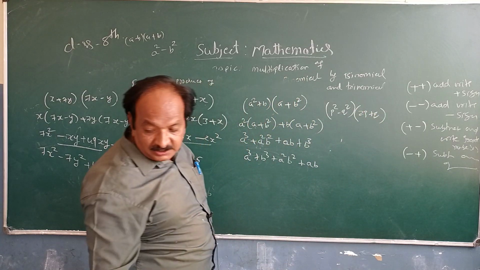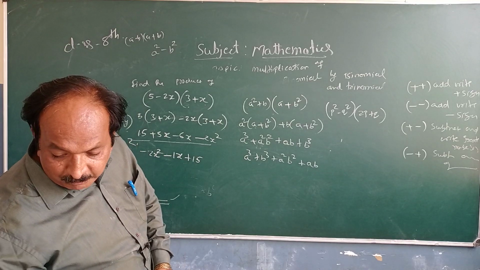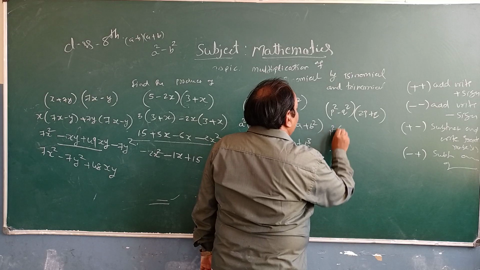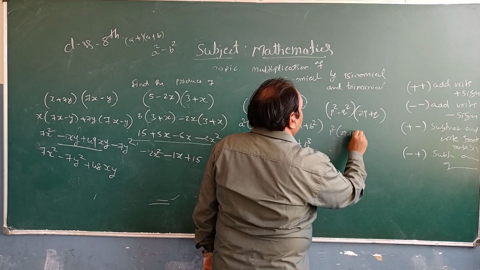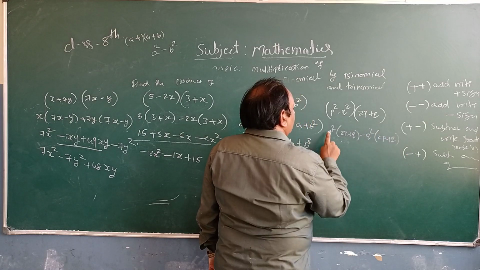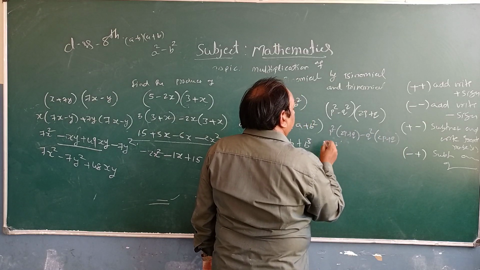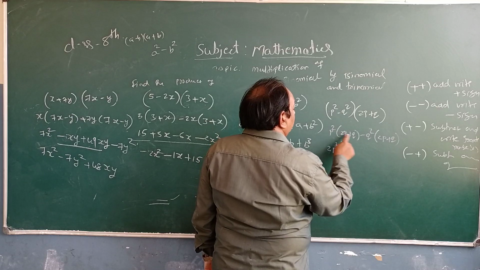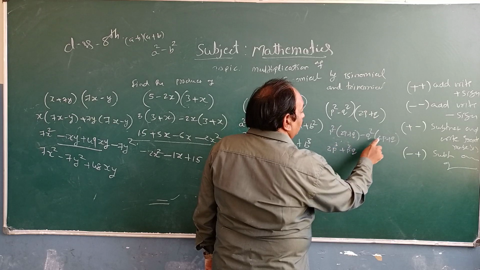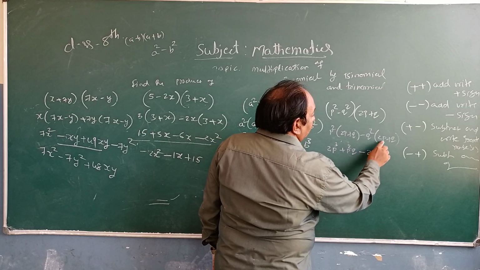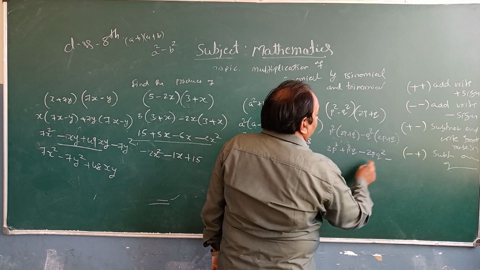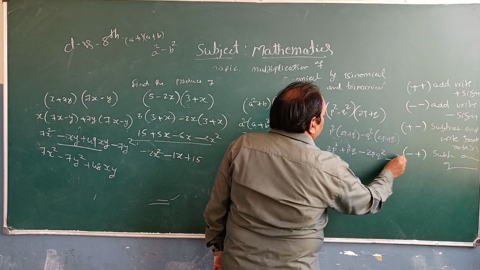Same thing: p square into (2p plus q) minus q square into (2p plus q). p square into 2p, 2p cube. p square into q, p square q. Minus 2pq square as it is. Plus into minus, minus q square into q, q cube.